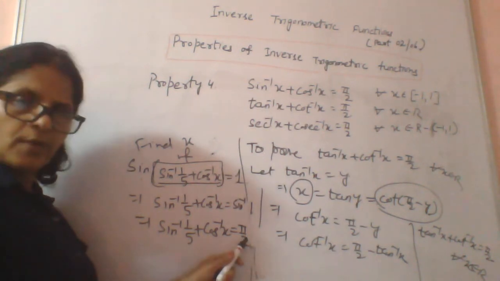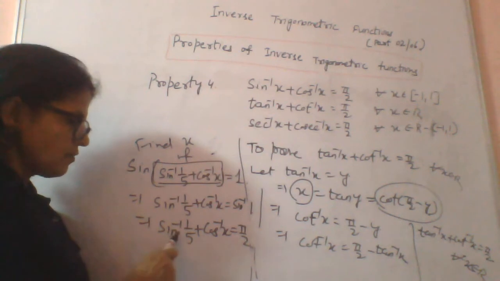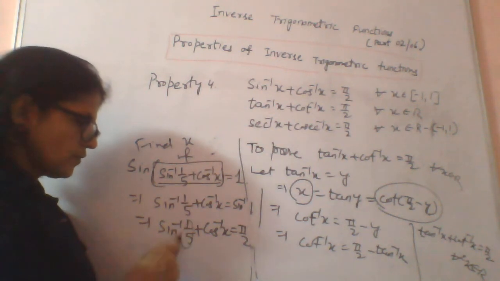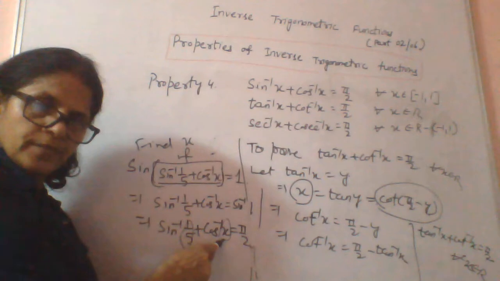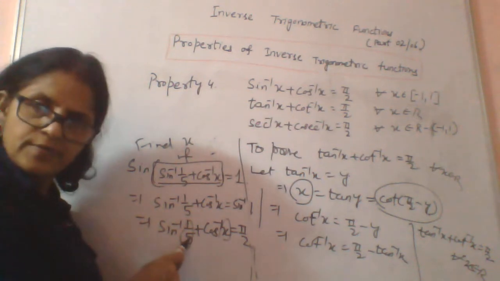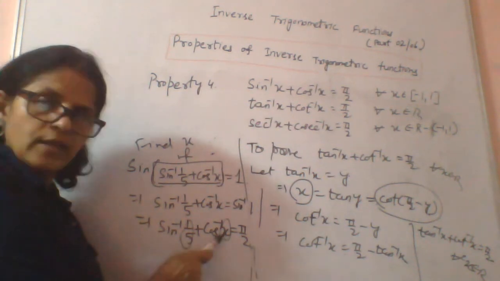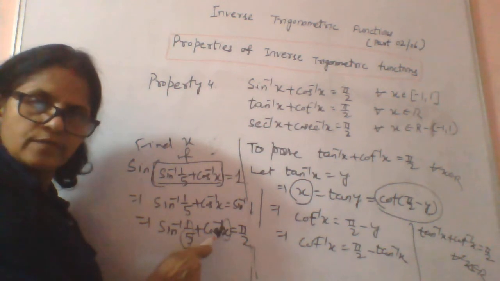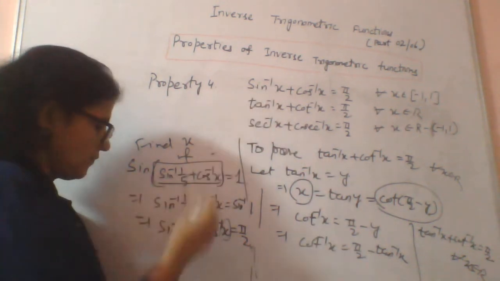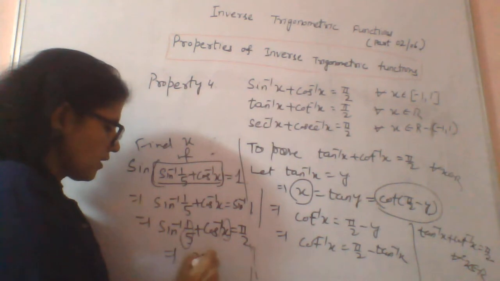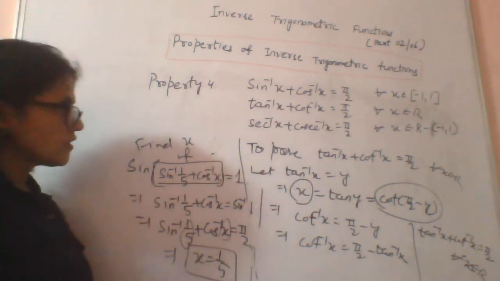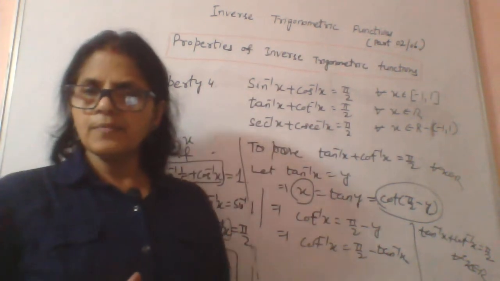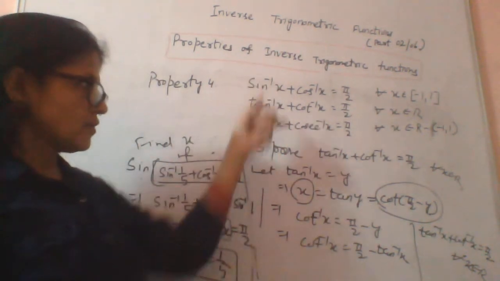So this will be pi by 2 only when you have sine inverse theta plus cos inverse theta. Here we have 1 by 5, it is fixed. So x has to be 1 by 5. Then only we can have this property. So this implies x equal to 1 by 5. Okay, so this is one of the simple applications of one such property.